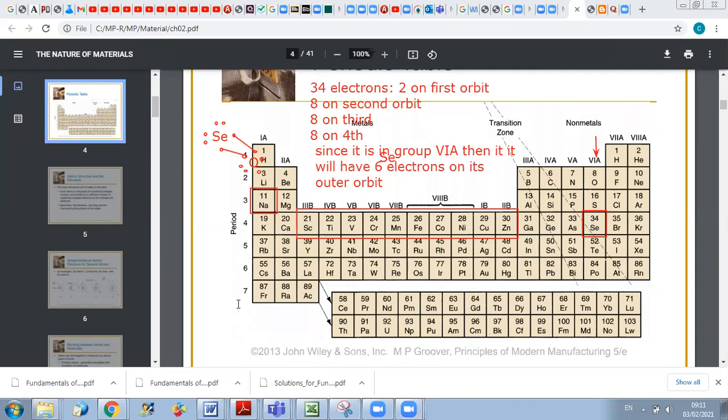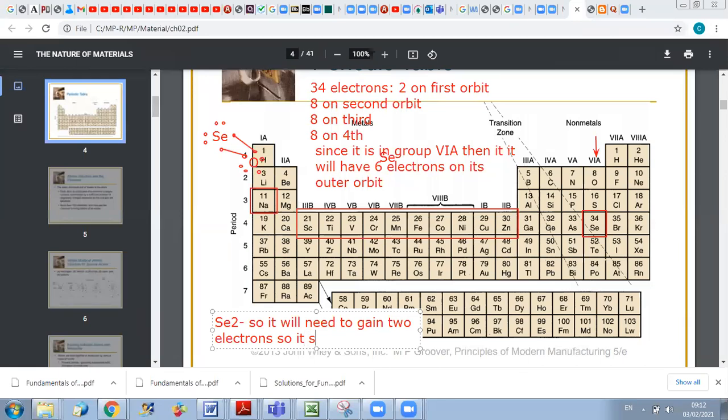If we combine with Na, we know that selenium will give us the ion Se2 minus. It will need to gain 2 electrons, so it should be combined with 2 atoms of Na.